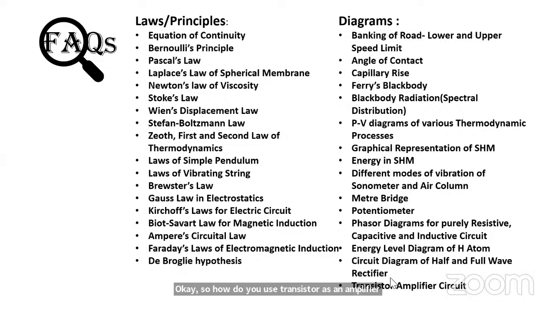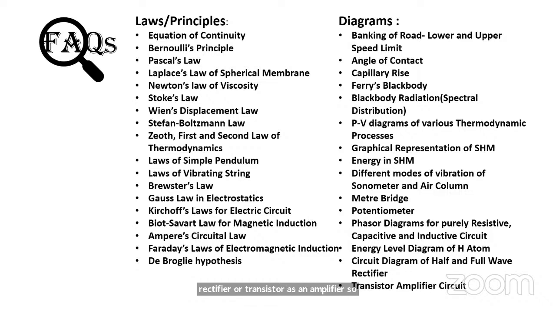Now, though I have included these three in the diagram section, when you prepare yourself with these key points, just don't prepare yourself for the circuit diagram. You can also learn the theory part, so that if a 3 marks question is asked, describe how will you use a diode as a half wave rectifier, or diode as a full wave rectifier, or transistor as an amplifier.